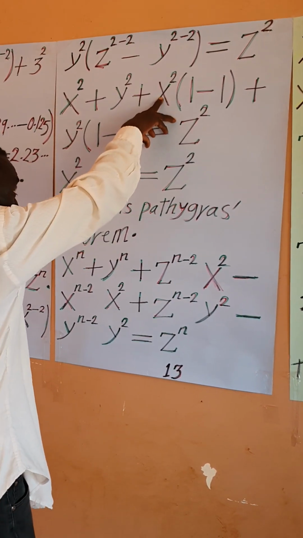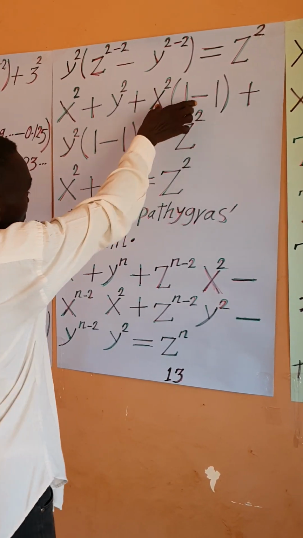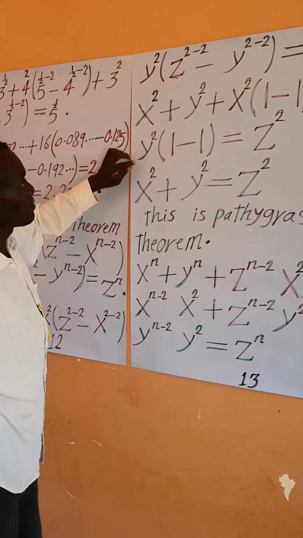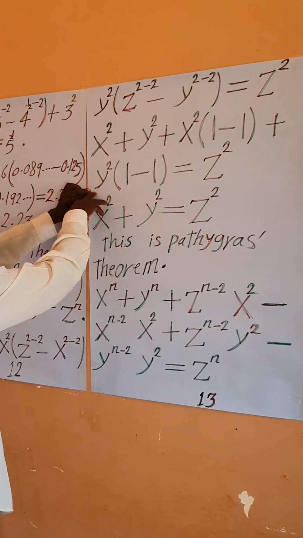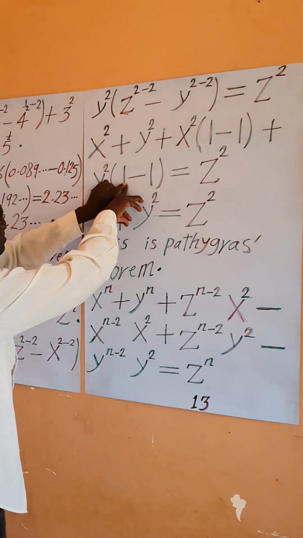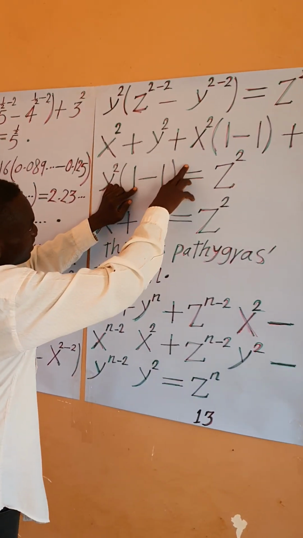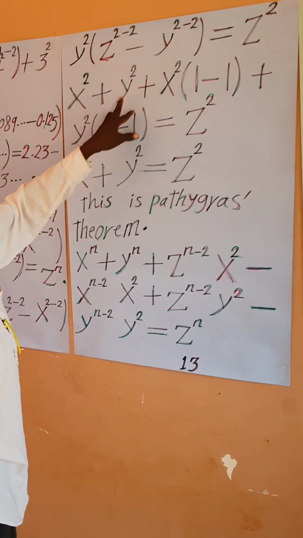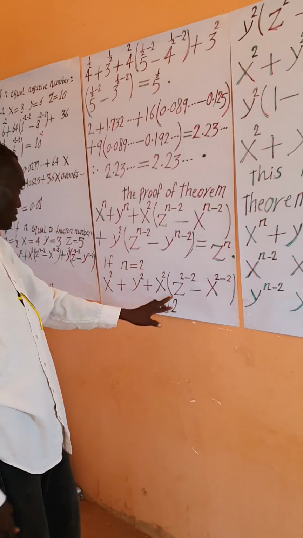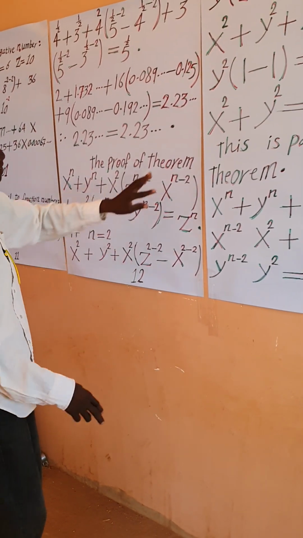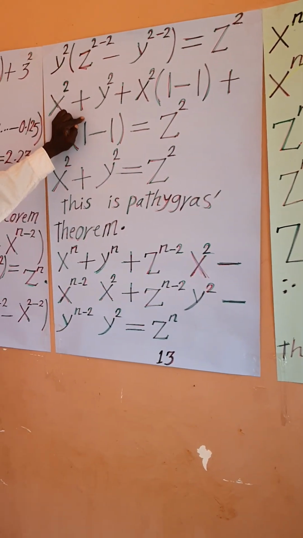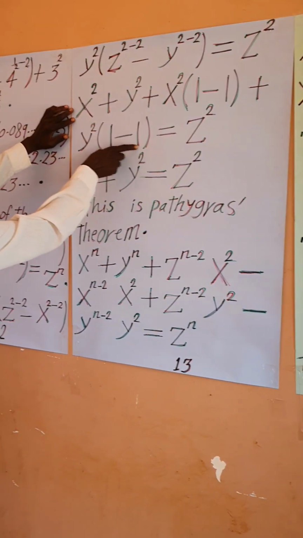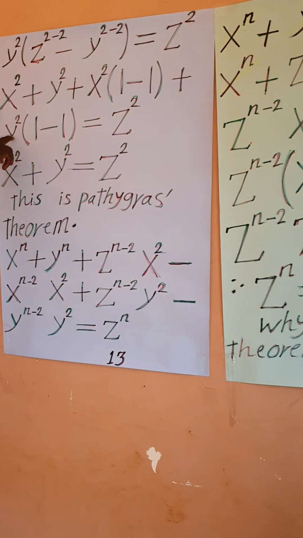0 times x squared equals 0. Because of this we get 0 plus x squared. And also y to 2 minus 2 equals 0, we get 1. 1 minus 1 we get 0. 0 times y squared equals 0.